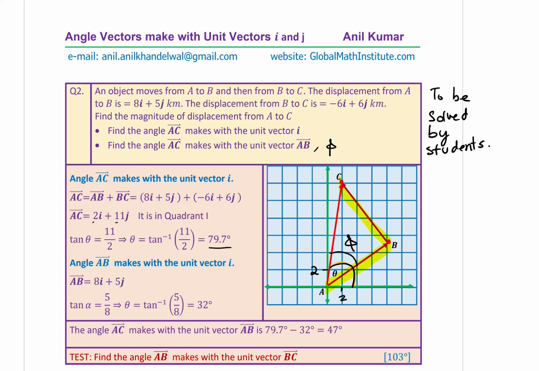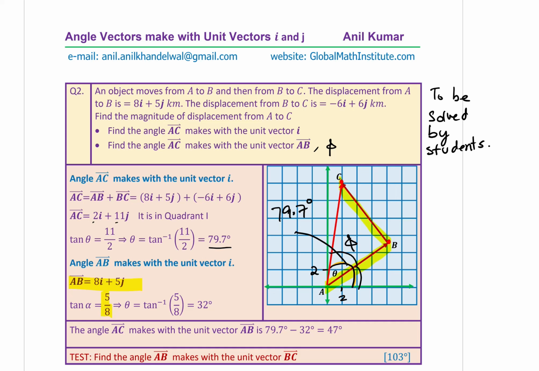Correct. Now, let's find the angle AB makes with I. So now we got this bigger angle here as 79.7 degrees, correct? Now, let us find the angle which AB makes with I. The vector AB is given to you as 8i plus 5j.